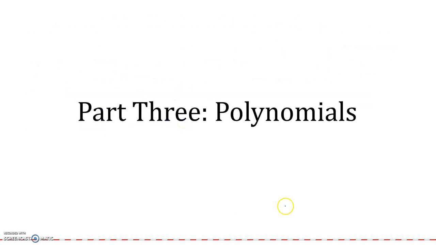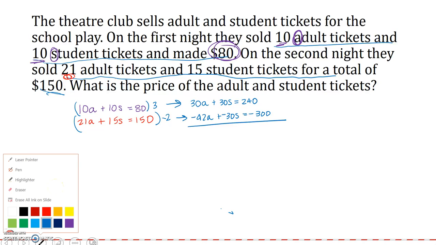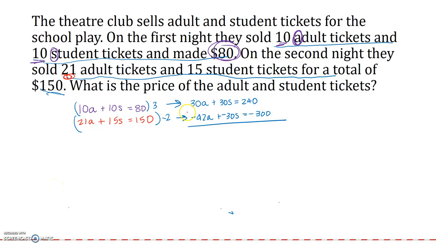And then for my second one, I have -2 times 21, so that would be -42A plus -30S equals -300. Don't worry that the numbers on the bottom are negative and that those numbers are bigger. Everything works out in the end.